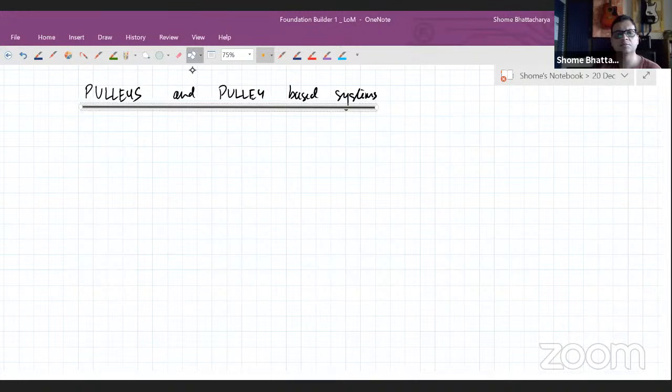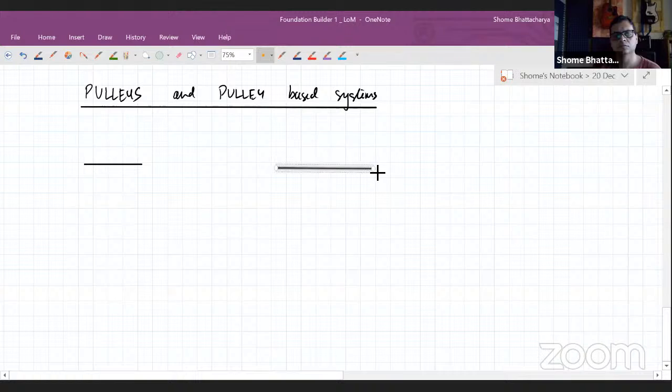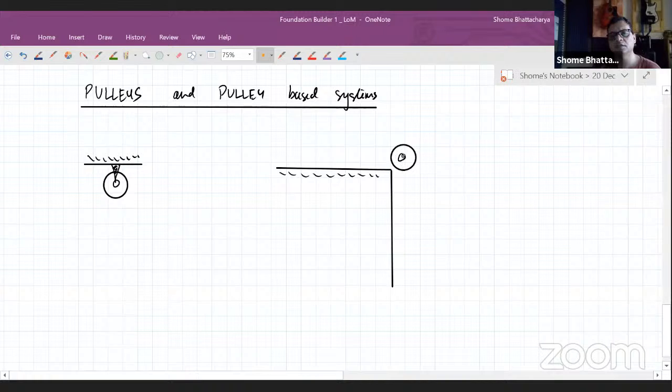So let's look at some standard examples. So we can, for example, suspend a pulley from the ceiling like that, or we can fix a pulley to the corner of a table like this. Okay.